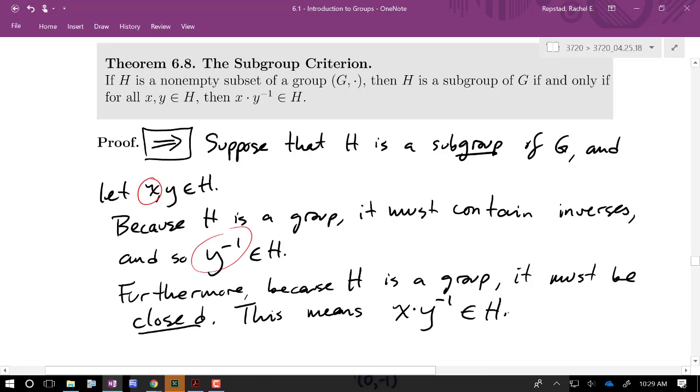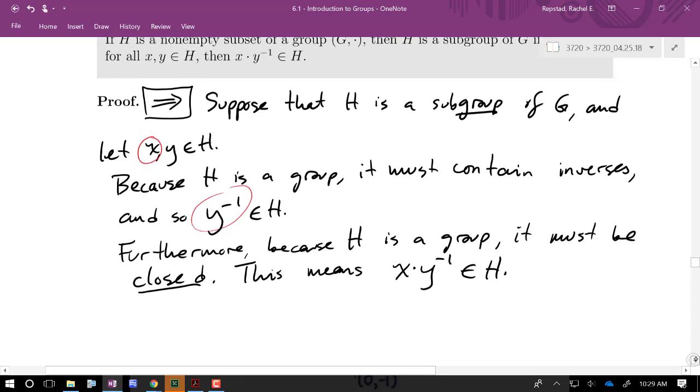And that's the end of that direction. We're trying to show that if H is a subgroup of G, then for any two elements X, Y in H, this product will be in there, and we've established that. You get a lot from knowing that H is a group.